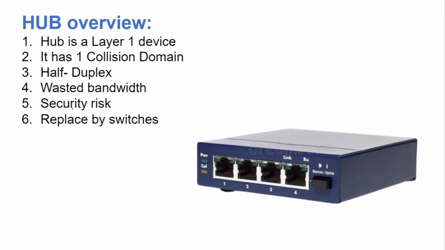A hub has a high security risk because any traffic that comes to one port is duplicated to other ports, making it more vulnerable to hackers. Now, a hub is an old technology, so hubs have been replaced with switches, which we'll be talking about in this video.